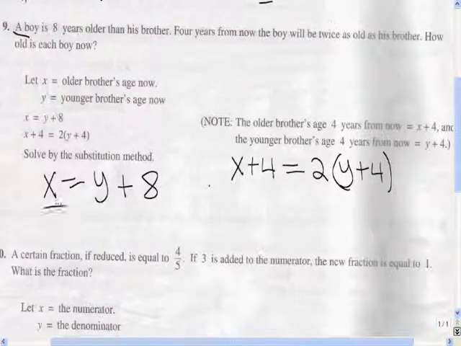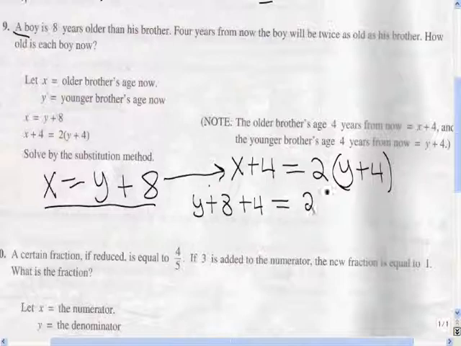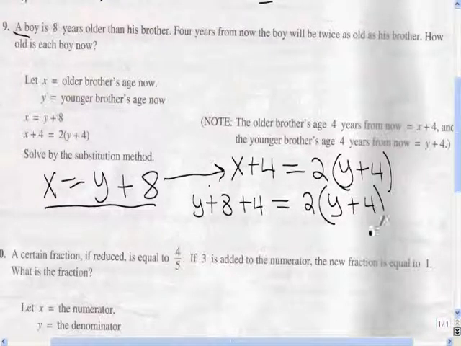Since we know that X is the same as Y plus 8, we're going to substitute X for Y plus 8. So I'm going to write Y plus 8 plus 4 equals 2 times Y plus 4.